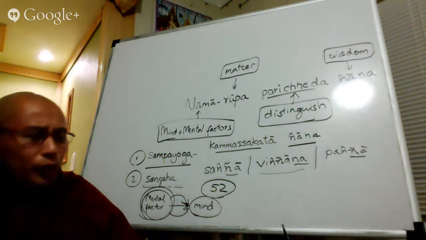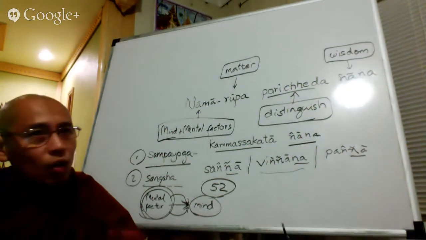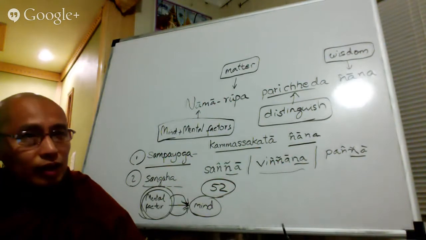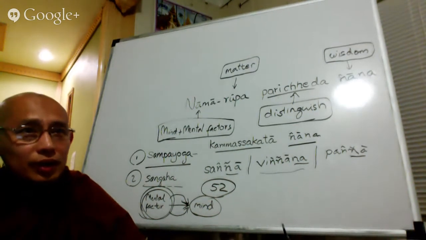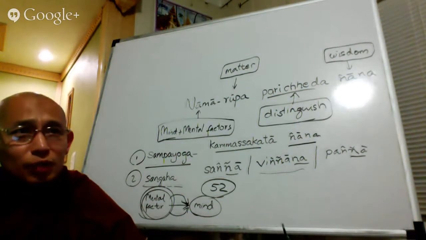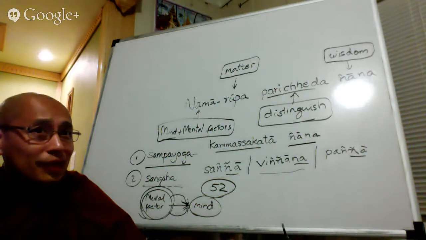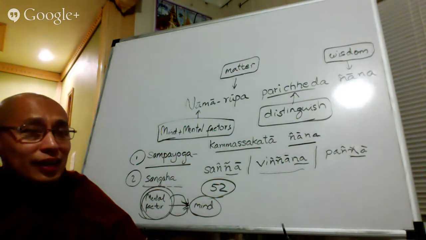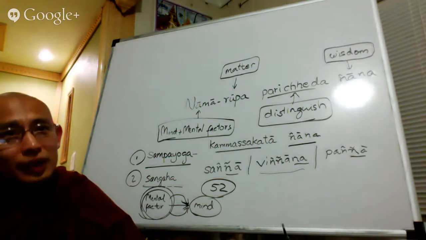So Vitaka: all akusala, all unwholesome mind, are associated with the Vitaka, whether lobha mula chitta, dosa mula chitta or moha mula chitta, whatever.